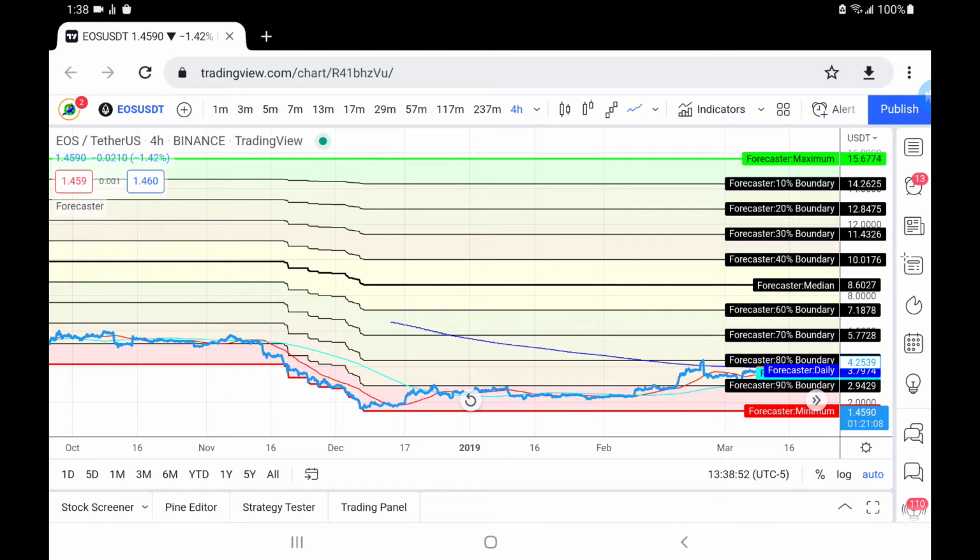If you look at the median as an equilibrium point of balance between buyers and sellers, when the price is below the median, there's too many sellers and not enough buyers. When the price is above the median, there's too many buyers and not enough sellers. This coin didn't have the market. People didn't want to buy it.